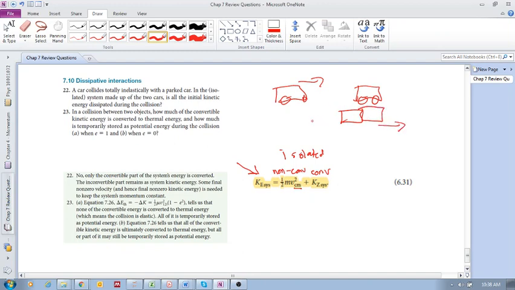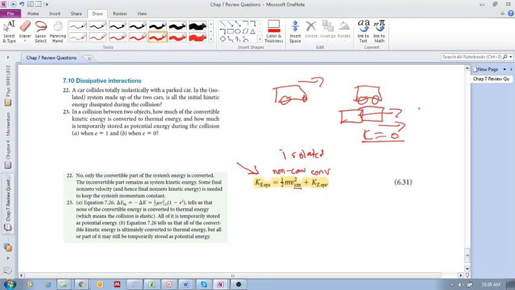The first thing I've often encountered with students is that the minute they see totally inelastic, they think that the final kinetic energy is zero, meaning there's no relative velocity. They think the total kinetic energy is zero, which is not necessarily true. If this car comes and crashes into this one, they might still be moving.